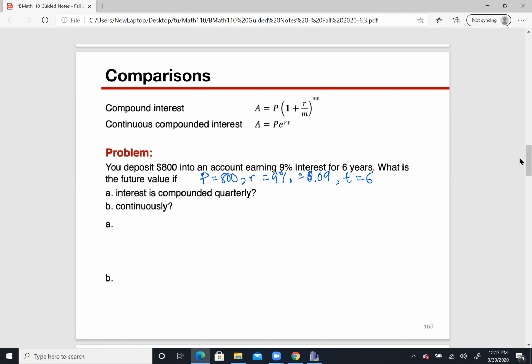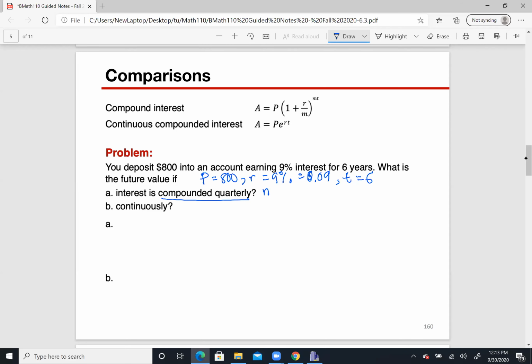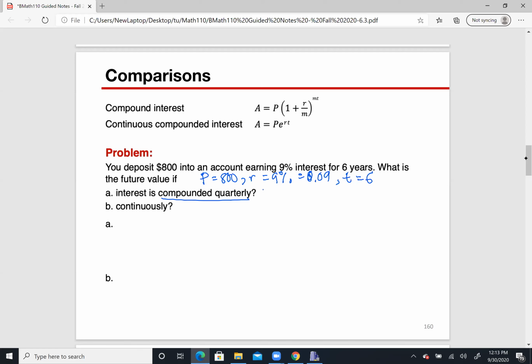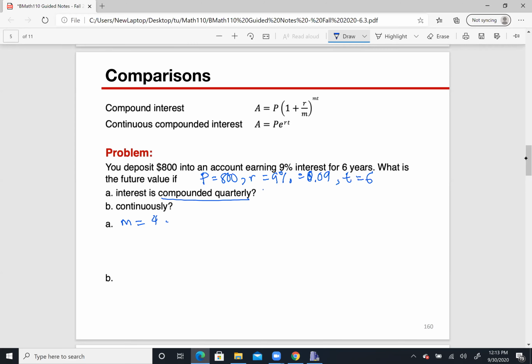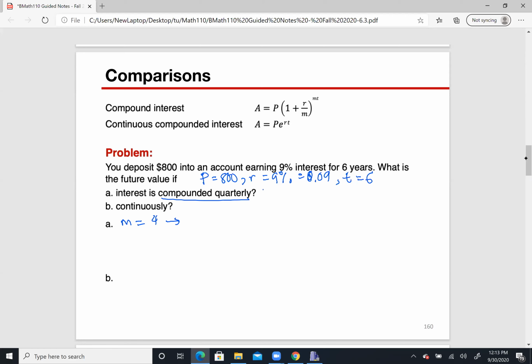Now we want to find the future value A if the interest is compounded quarterly. So compounded quarterly means M equals 4, right? Not N, I say M. All right, and then maybe you can do some work first.